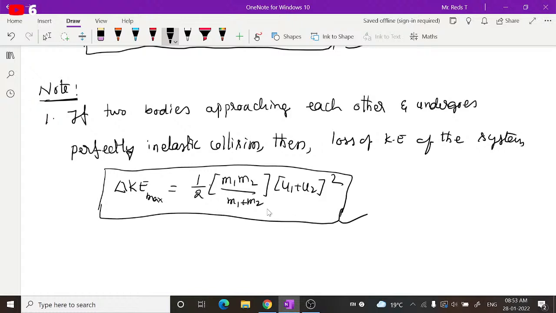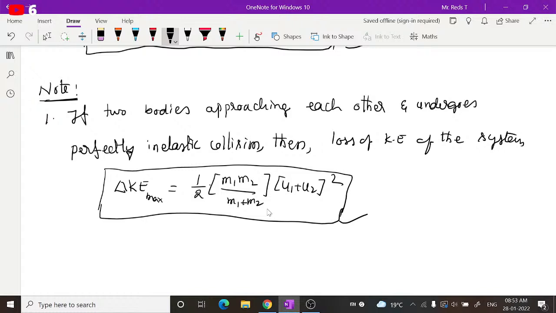Whereas if the collision is partially inelastic, that means the coefficient of restitution you have to consider. In such a case it is very complex to find the loss of kinetic energy, but usually we come across the calculation of final velocities after collision. So let us write that also as a point.